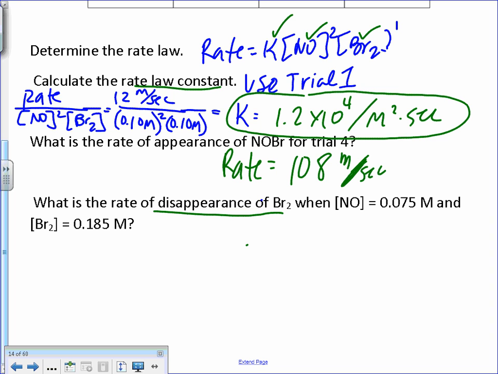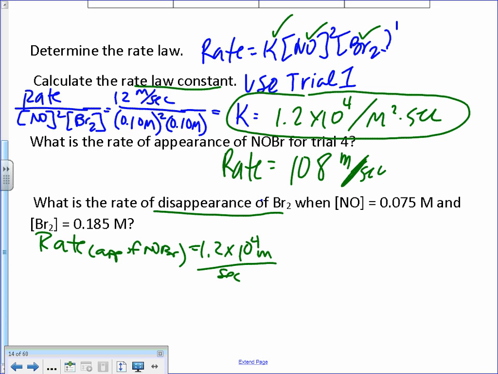So first of all, what's the only thing you can calculate here? The rate, and I'm going to say appearance of NOBR, just to remind us that this rate table is related to the appearance of NOBR. So then how would I get the rate? Well, I already have the K of 1.2 times 10 to the fourth molar per second.